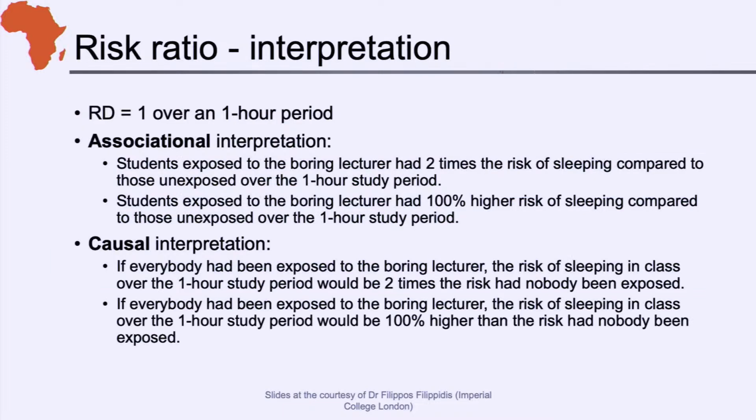So if we had a risk ratio of 2 over the 1 hour period, then the students exposed to the boring lecturer had 2 times the risk of the sleeping disorder compared to those that are unexposed over the 1 hour period. If we assumed the causal interpretation, we could say that if everybody had been exposed to the boring lecturer, the risk of developing CSD in the class over the 1 hour period would be twice the risk had nobody been exposed.